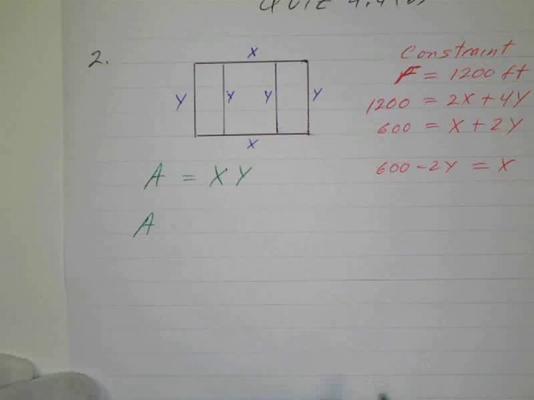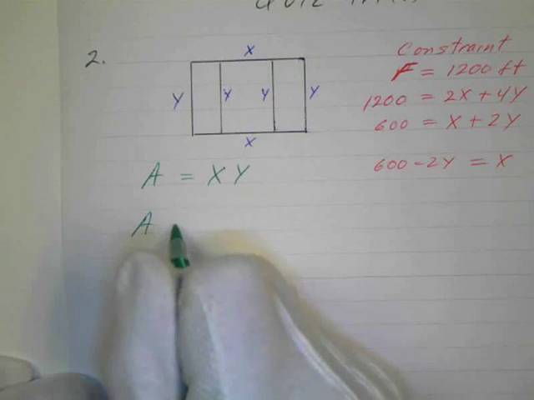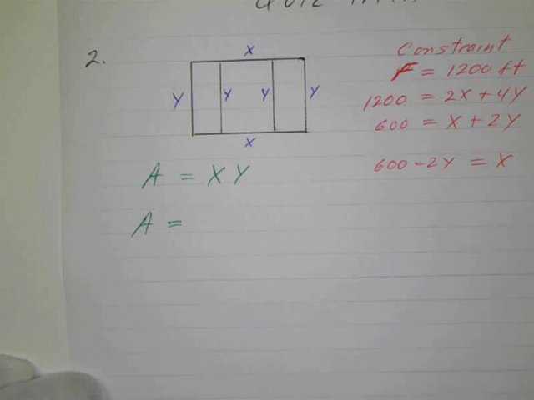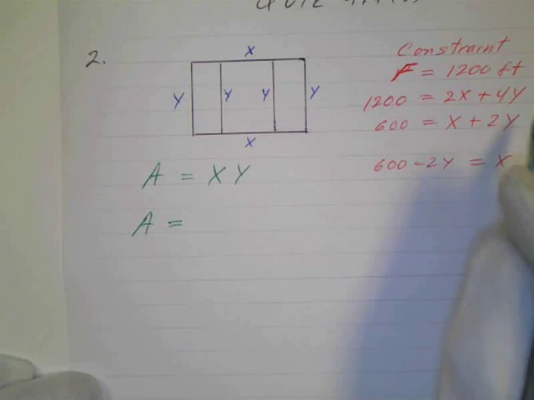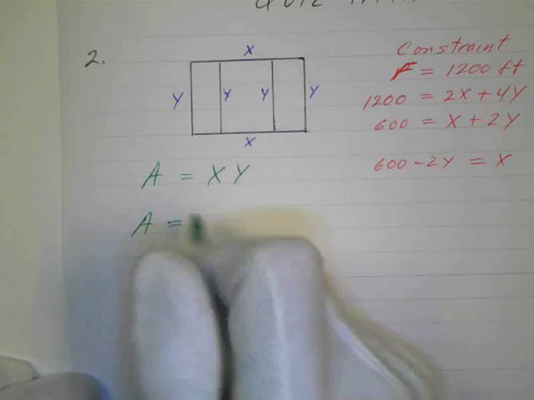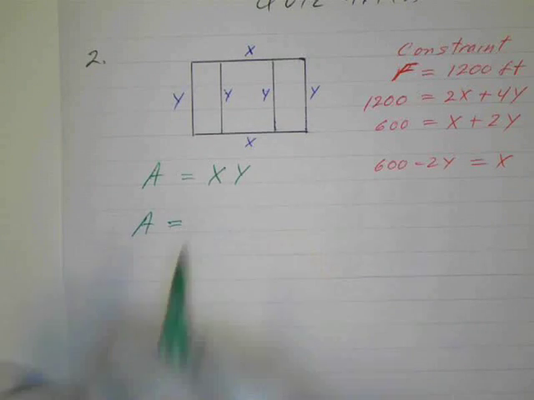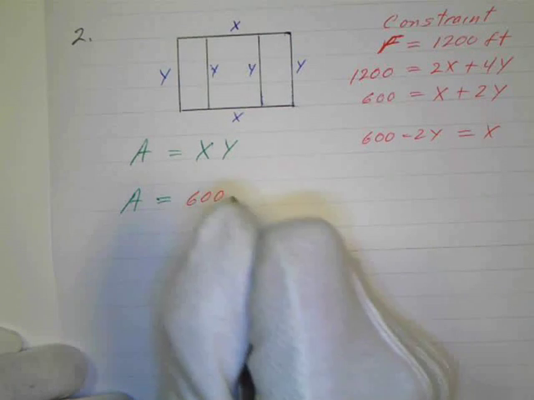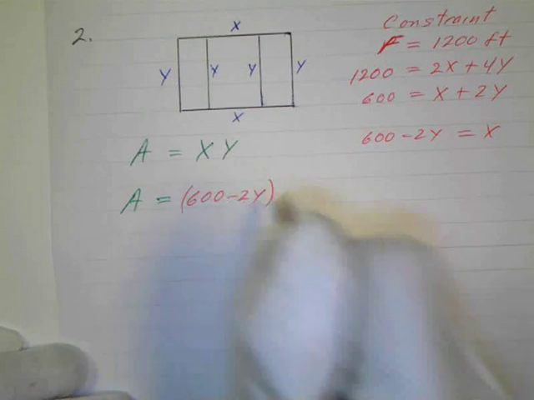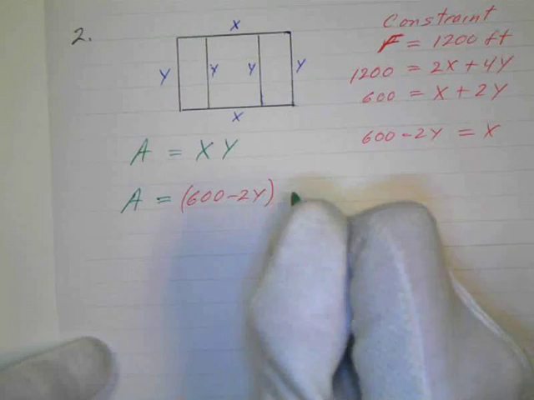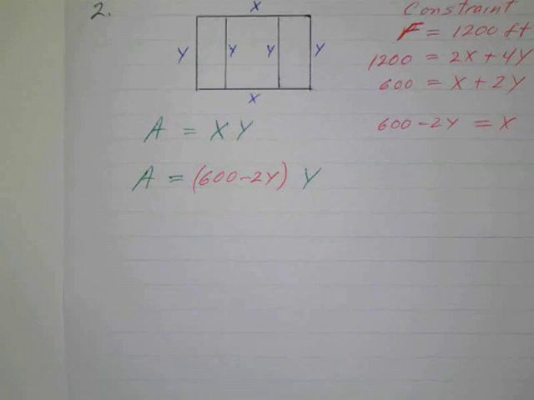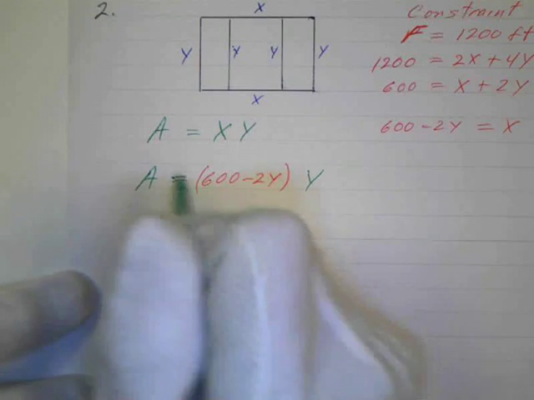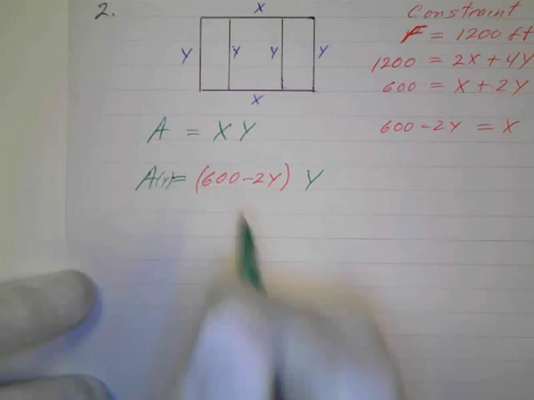So now area, as a function of y, will equal, instead of writing x, I can write 600 minus 2y. So there we're using our constraint, and then times the y, and that's going to give me my area. And this area now is a function of y, one unknown.